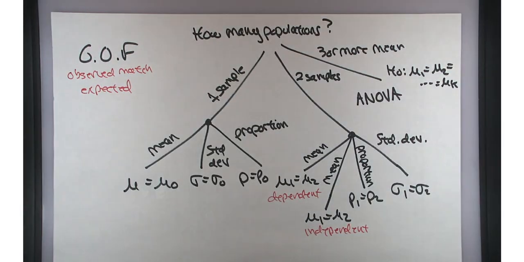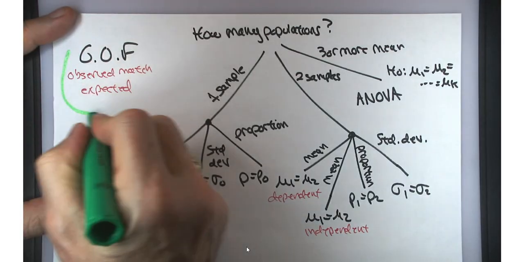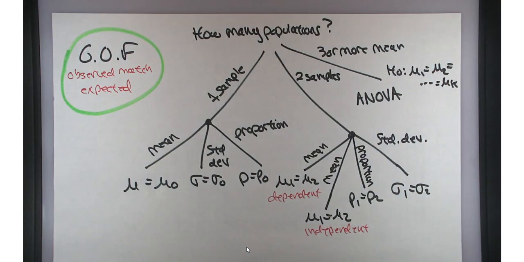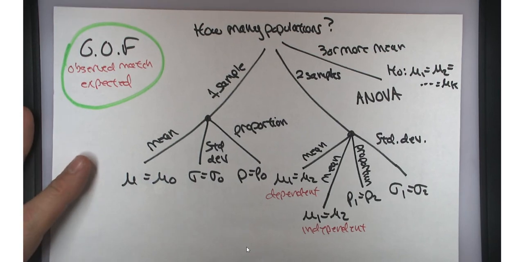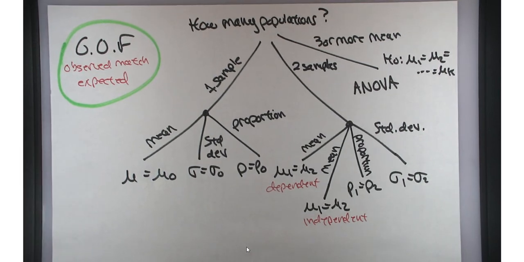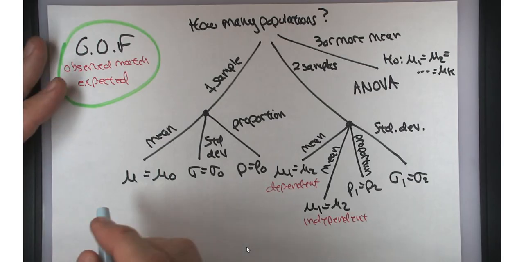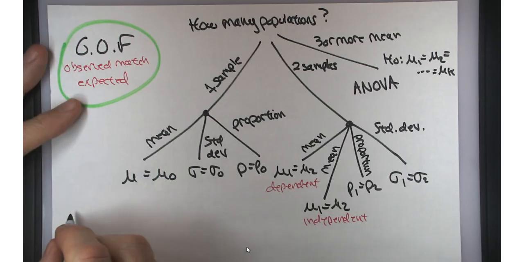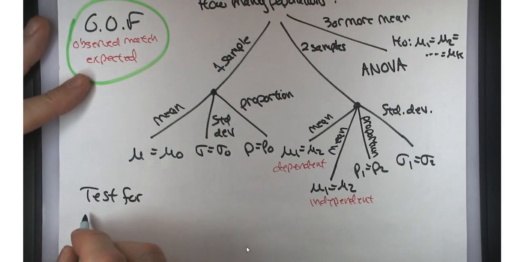So if that does, great. If it doesn't, oh well, look for something else. So that's kind of an island unto itself. There's another island unto itself as well. That's also from chapter 11. That was your chi-square test for independence.